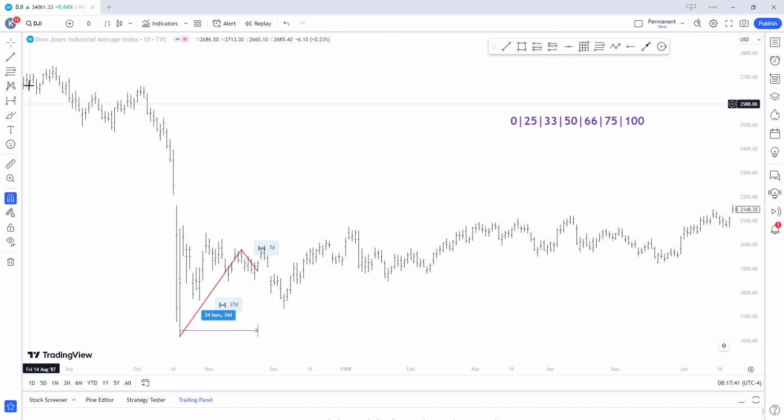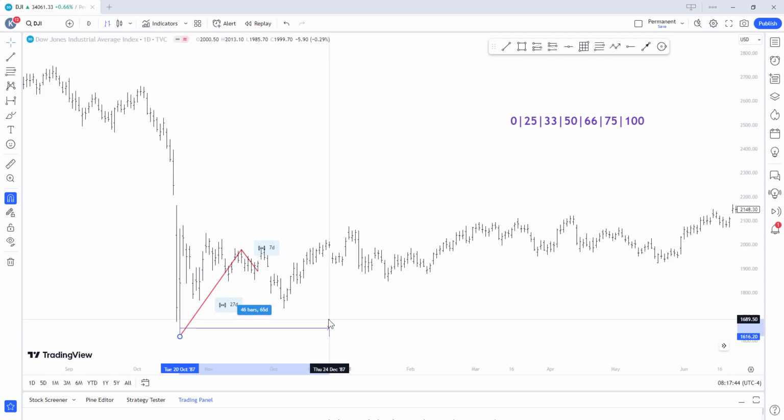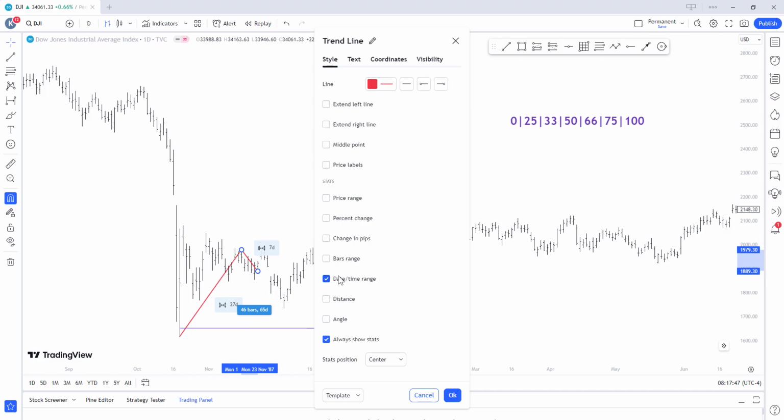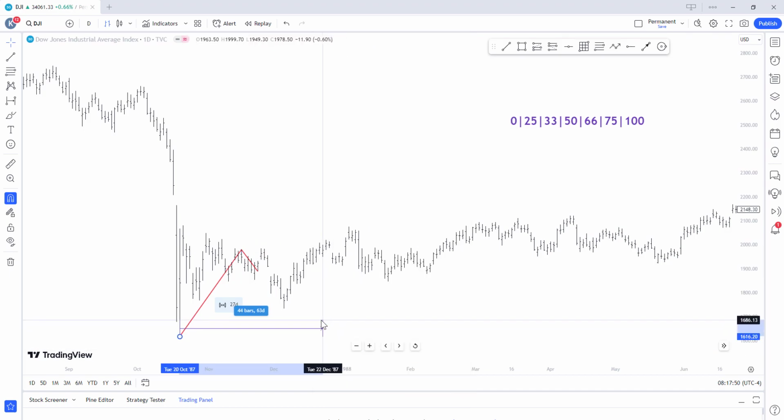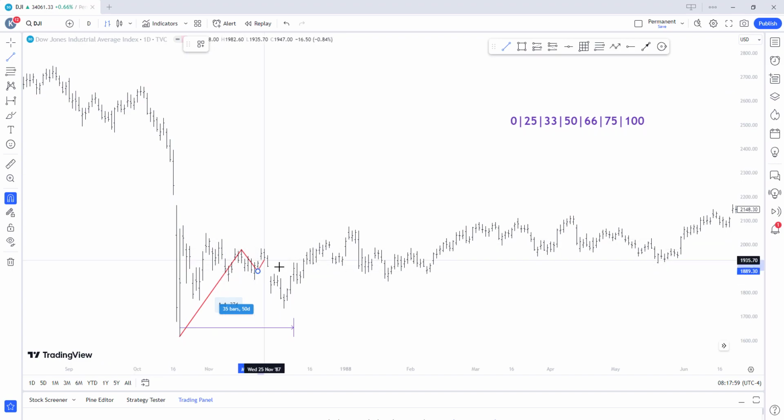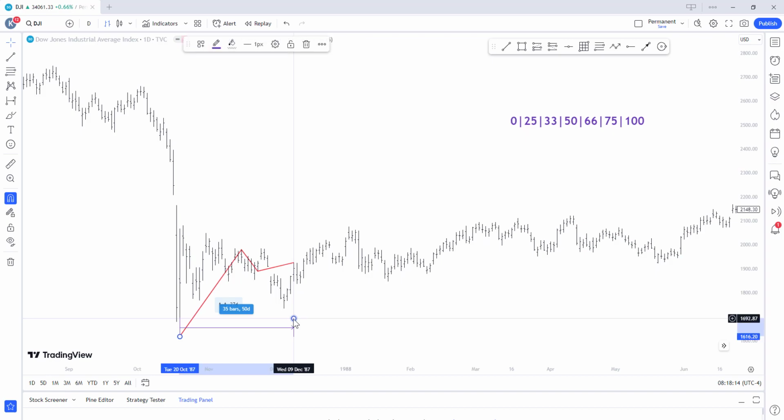The next one is 50, and we are counting calendar days only. From here it seems like we have a top, but it looks off. Okay, but let's continue at least one complete cycle. 50, 66. 66 might be this.